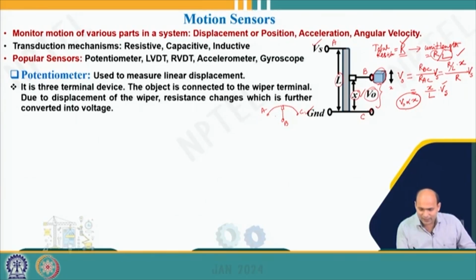In this case the potentiometer, instead of a linear straight line, will be arc shaped, and depending on the movement of the object, which will be moving with some angle, if I consider this angle as theta, then theta will vary, right?